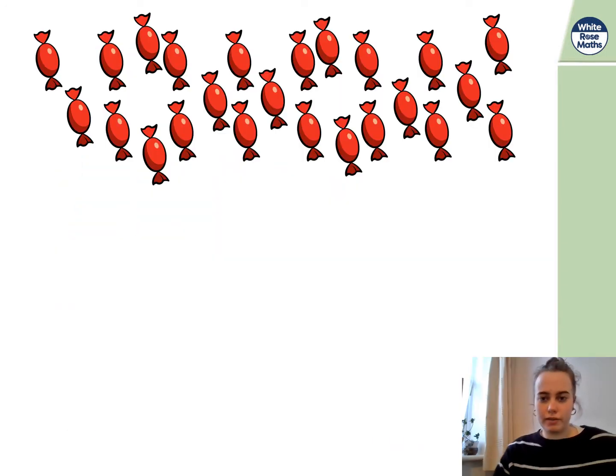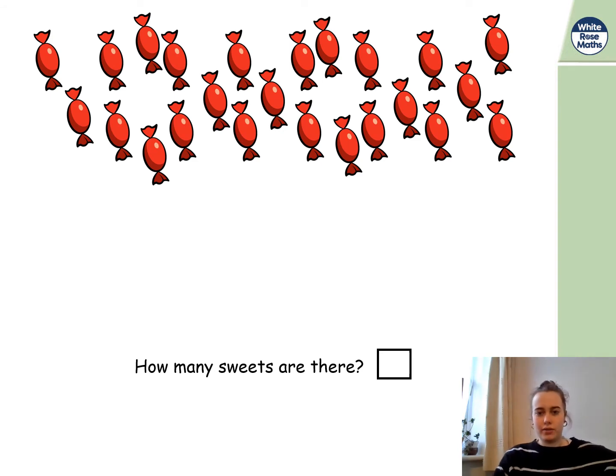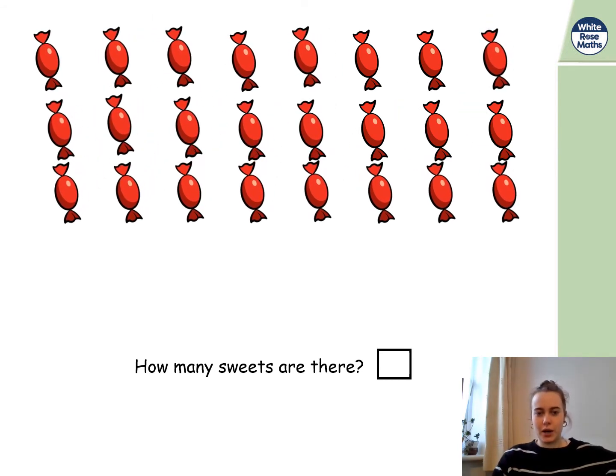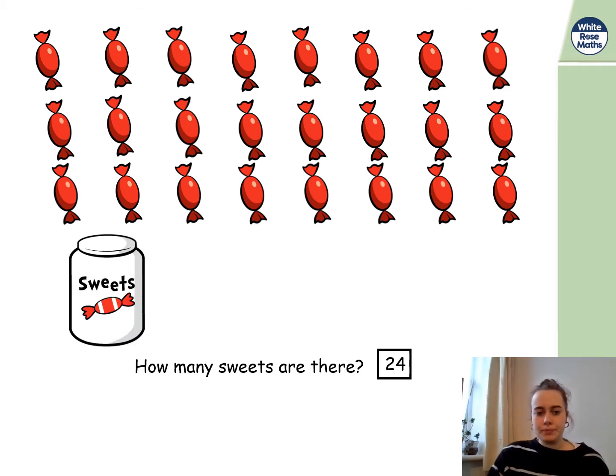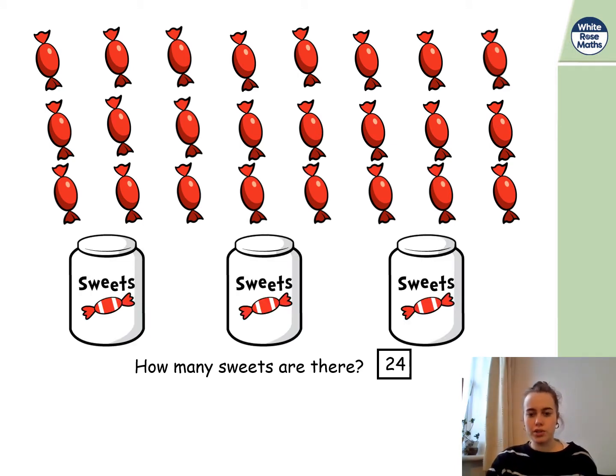So let's carry on. We now have a lot of sweets. Let's figure out how many we've got there. So we've got 24. And I've got 3 jars, 3 sweet jars. So I want to share out the 24 sweets into these 3 sweet jars.